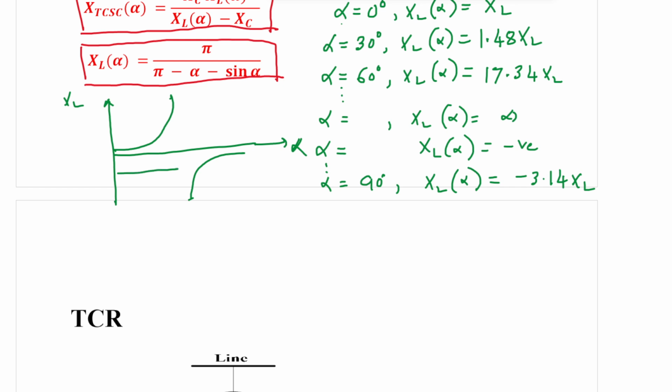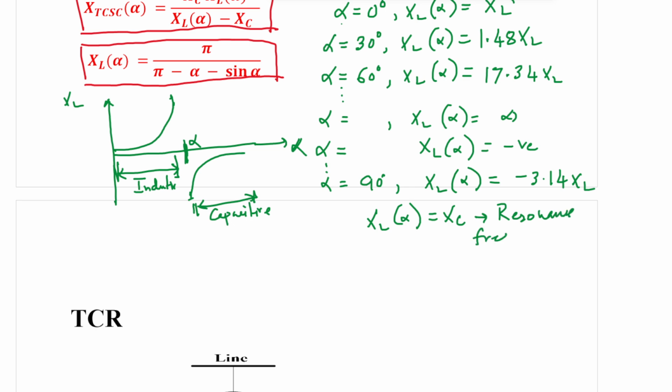So this region is the inductive region, and this region is the capacitive region. And this alpha at which XL alpha becomes XC is called resonance.